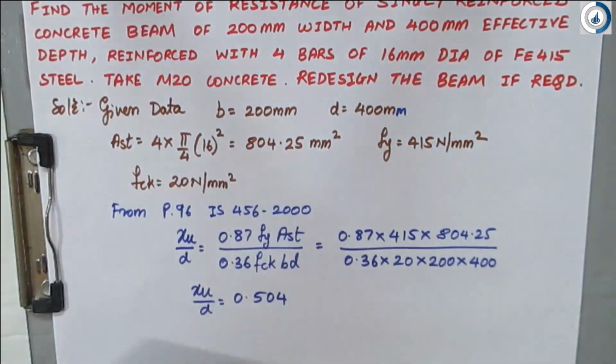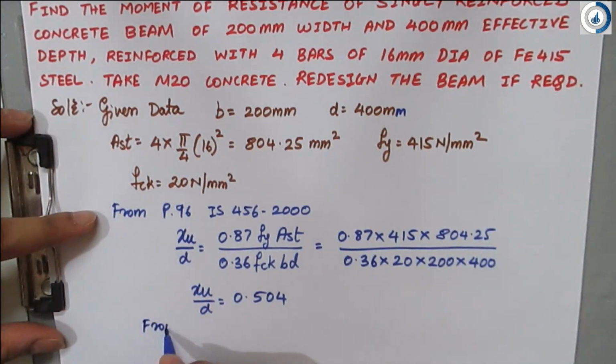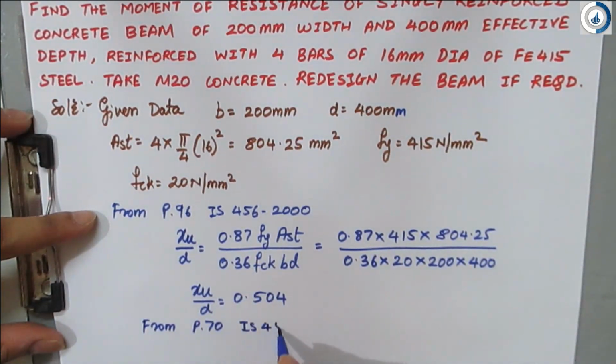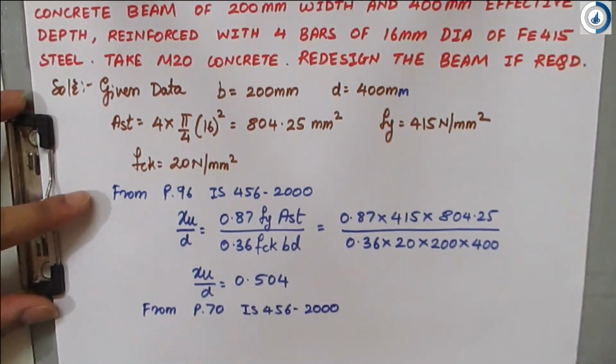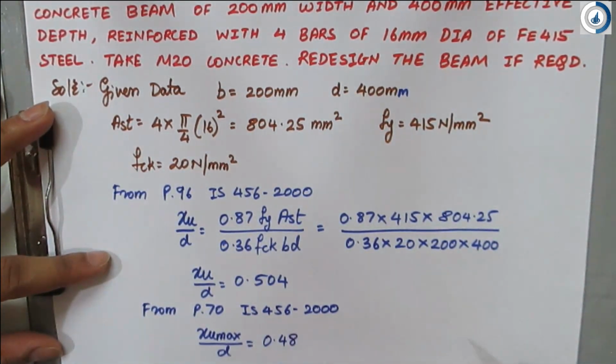Now we should compare with this value from page 70 of IS 456 2000: xu max by d is 0.48.